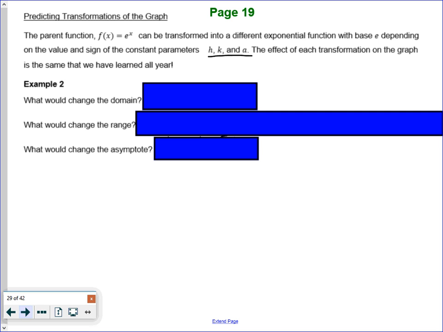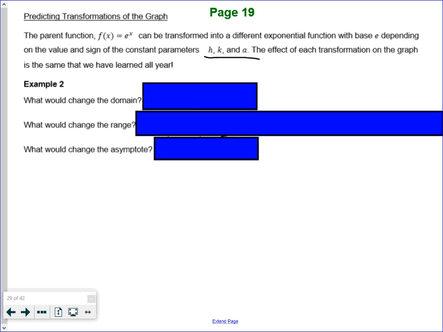Here we're talking about predicting transformations of the graph. So the function f of x equals e to the x can be transformed into different exponential functions with the base e, depending on the parameters h, k, a. Just like with other exponential growth and decay functions, we don't affect the graph horizontally.